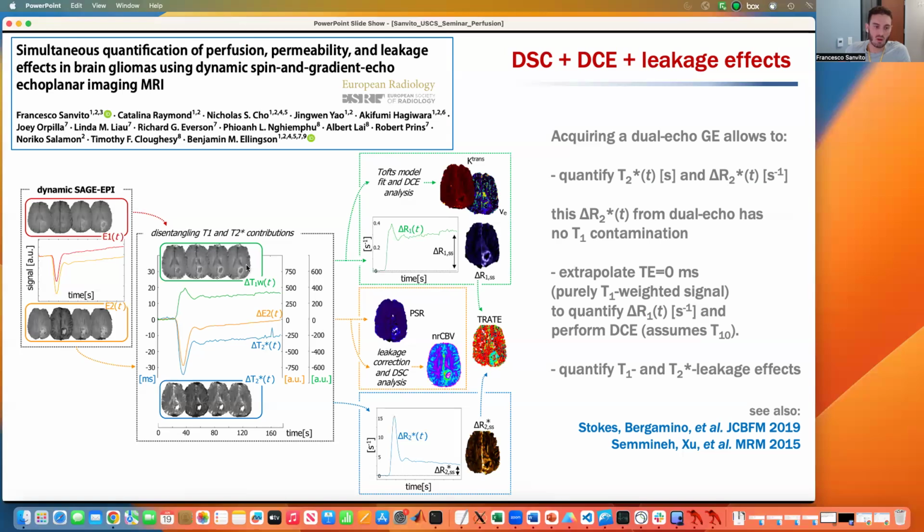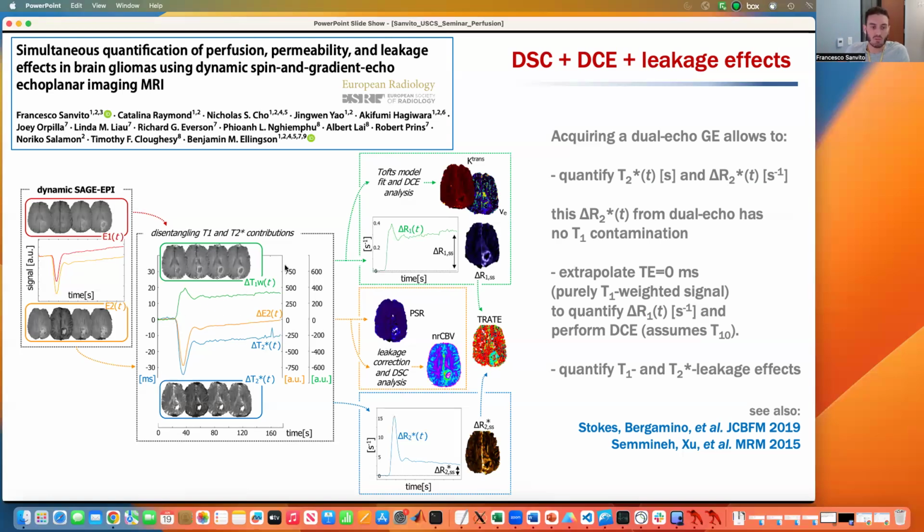You can see that this T1 component is essentially a DCE. It's a purely T1 weighted sequence, which is, again, not acquired. This is calculated from the first 2 echoes. Whereas the pure T2 star sequence has no T1 effects. You see that the curve goes down when the bolus arrives and then never gets higher than the baseline.